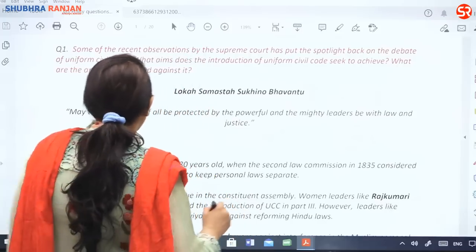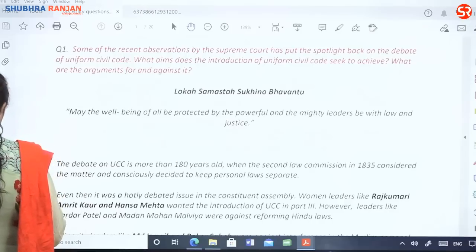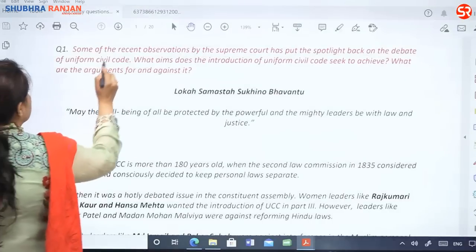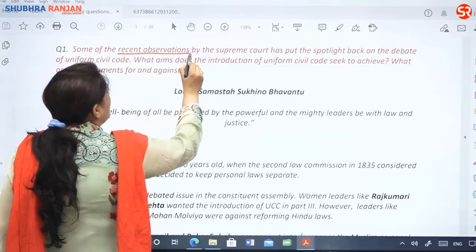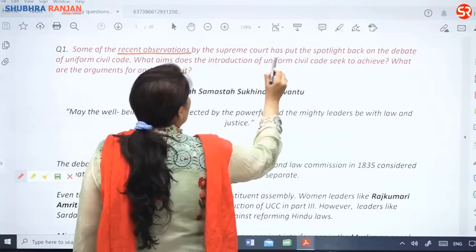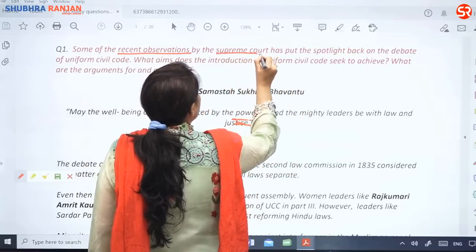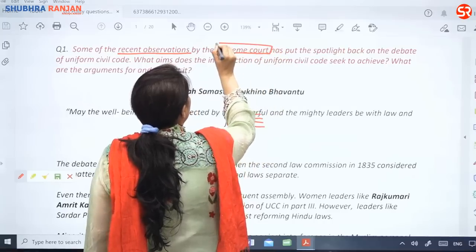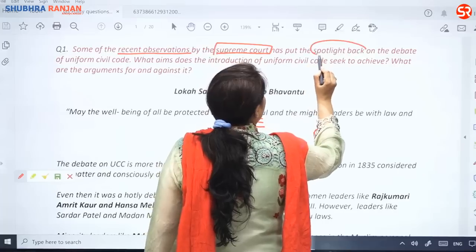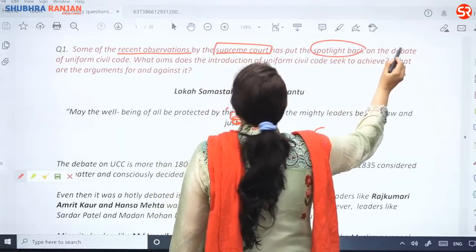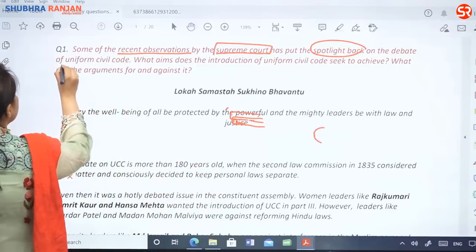The first question is: Recent observations by the Supreme Court have put the spotlight back on the debate of Uniform Civil Code.